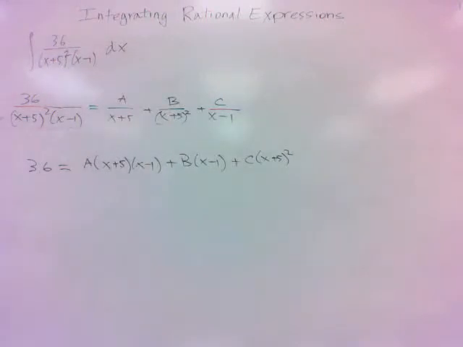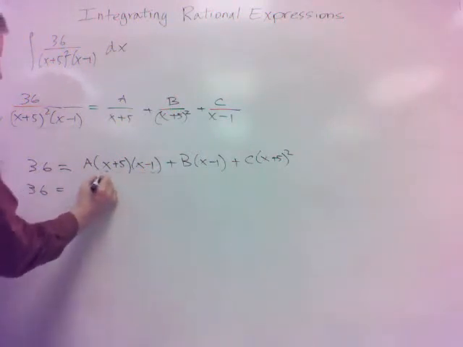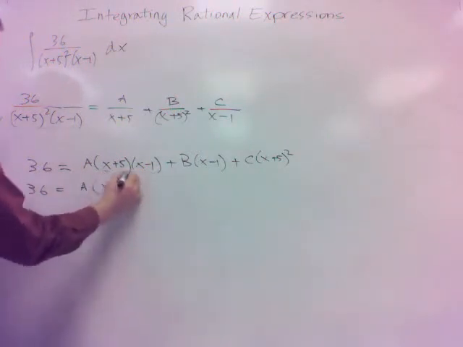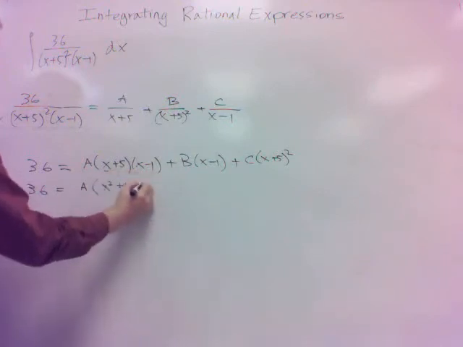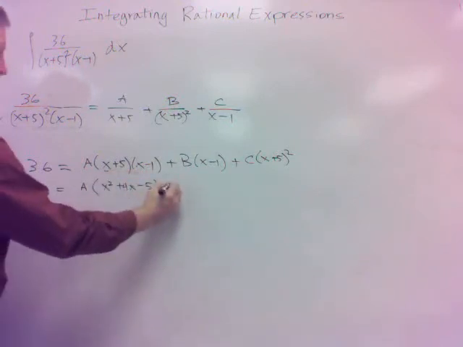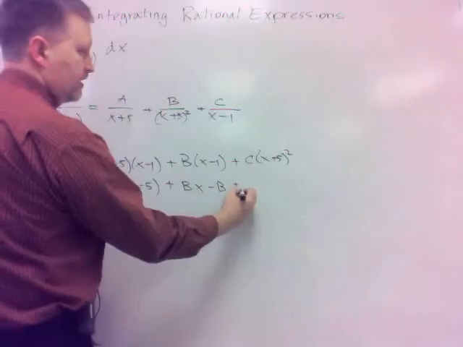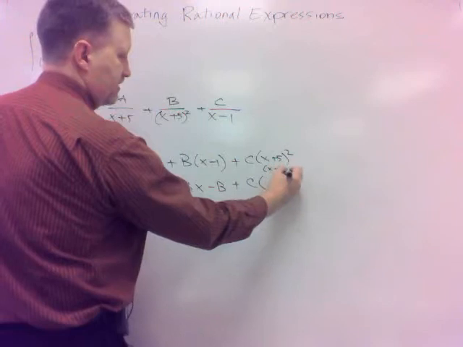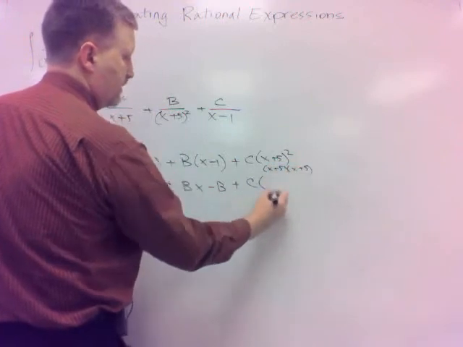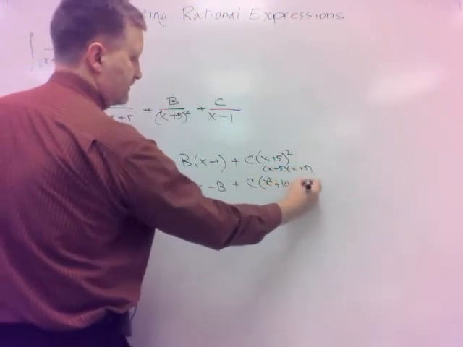So I have to multiply that out to see what goes with what. This will be A, pull that out, x squared minus x plus 5x will be plus 4x minus 5. Of course, that's Bx minus B. And that'll be C, x plus 5, x plus 5, so that would be x squared, 10x, 25.